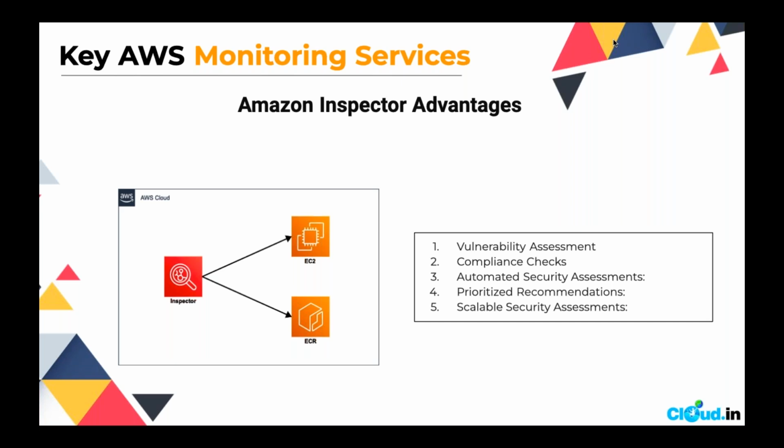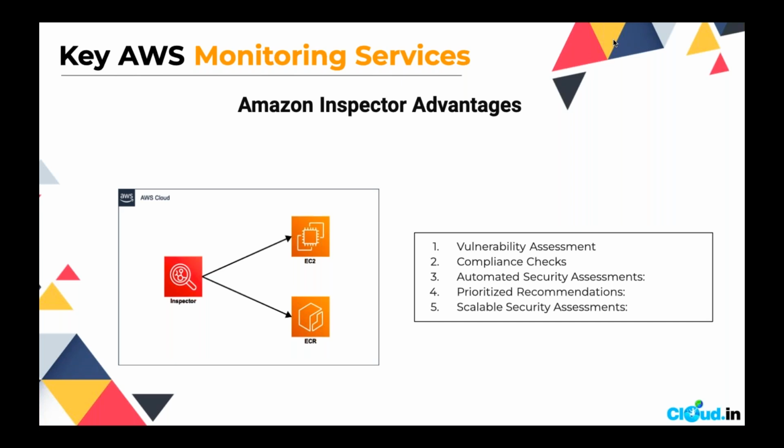So the basic difference between AWS GuardDuty and AWS Inspector is that GuardDuty is a threat detection and monitoring service for security events for your overall AWS environment. AWS Inspector, on the other hand, is a security assessment for vulnerabilities and compliance for your applications or servers, you can say.